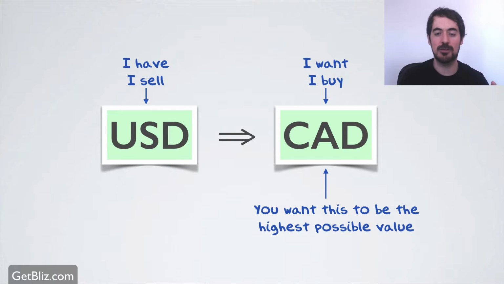Sometimes I get confused. I was like, what is the number I want to look at here? Well, whatever you want to buy, you want to make sure that that number is the highest possible. Now I'm going to show you all the different ways that I've tried to transfer money before, so you can see the difference.